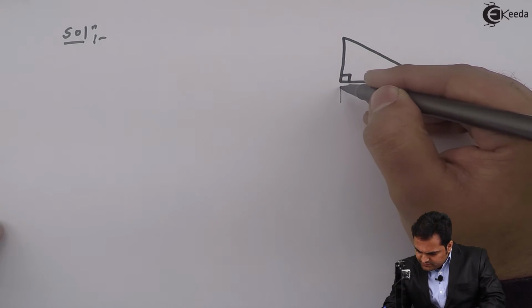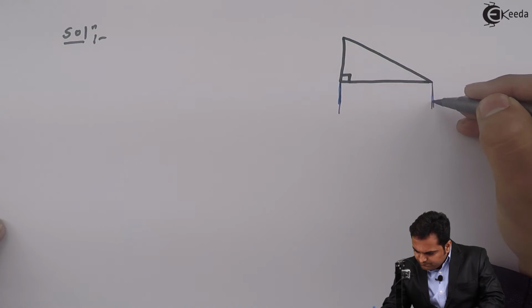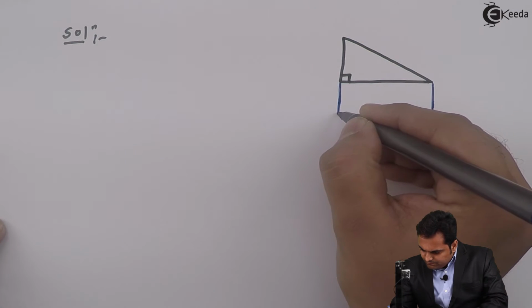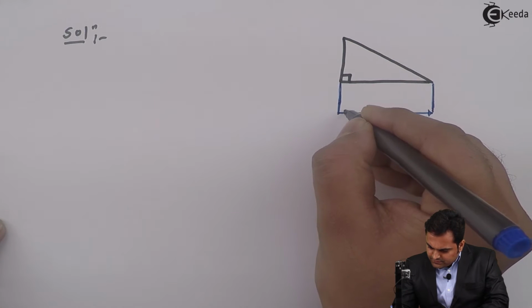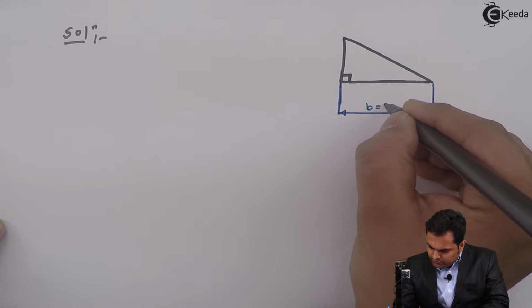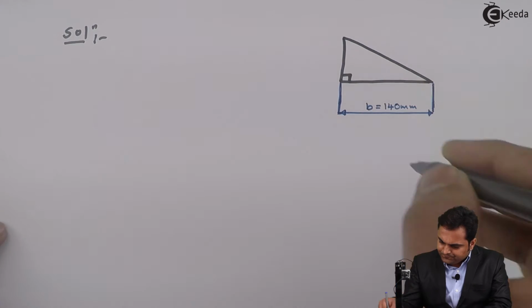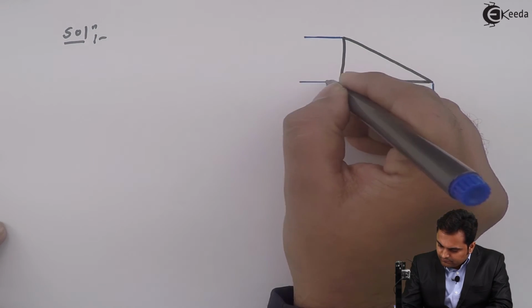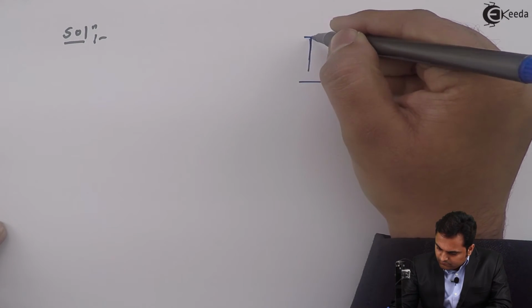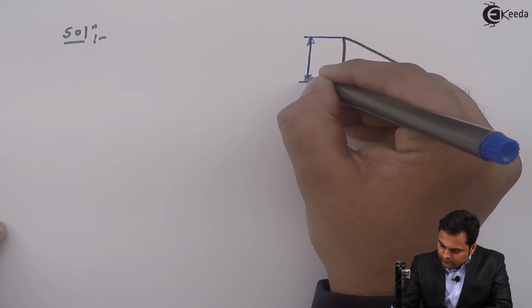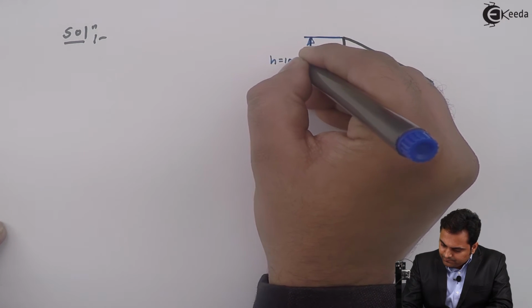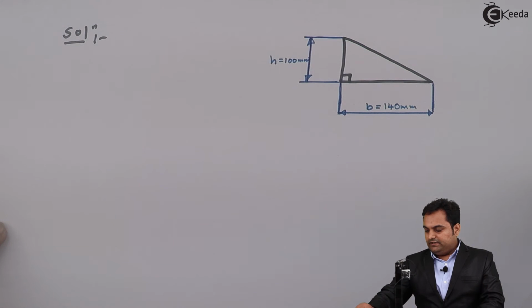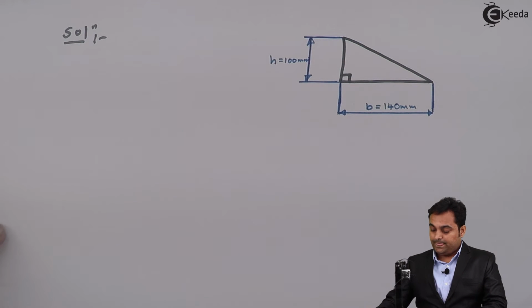So here the base, this is B is equal to 140 mm. Height is 100 mm. Now there are three different cases here.